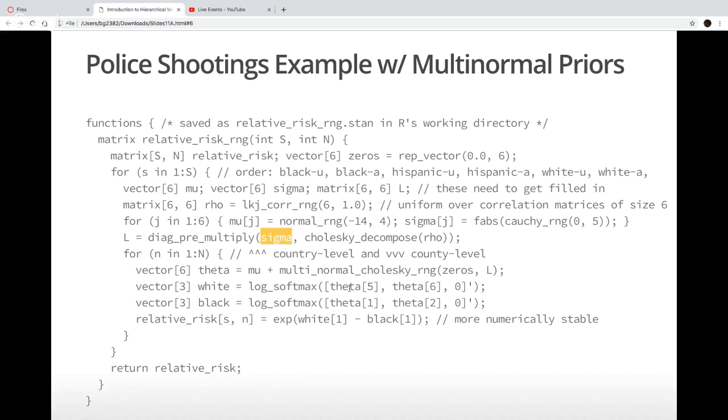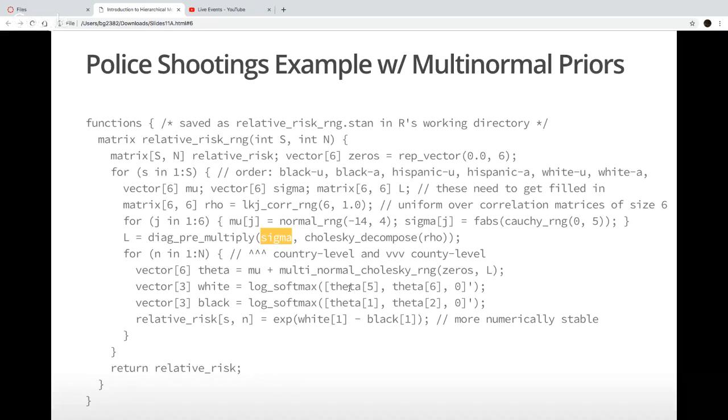Basically we're saying each county has this multivariate normal deviation from the country level parameters as a whole. And that's why we get the possible heterogeneity in the data generating process for shootings across counties. So there's multivariate normal deviation from these 3,000 counties relative to the United States as a whole.